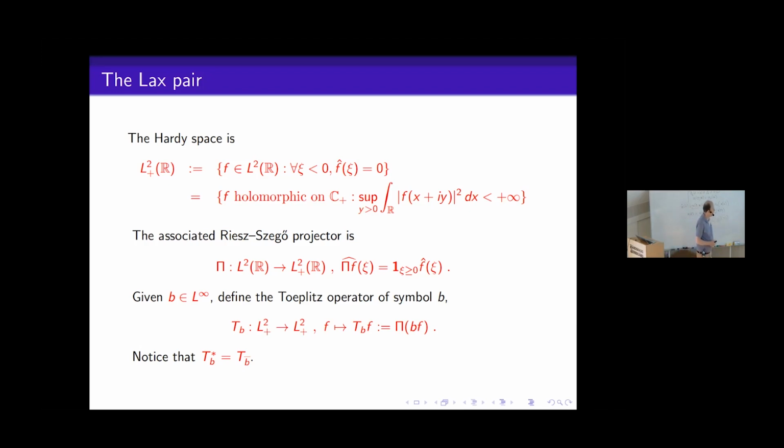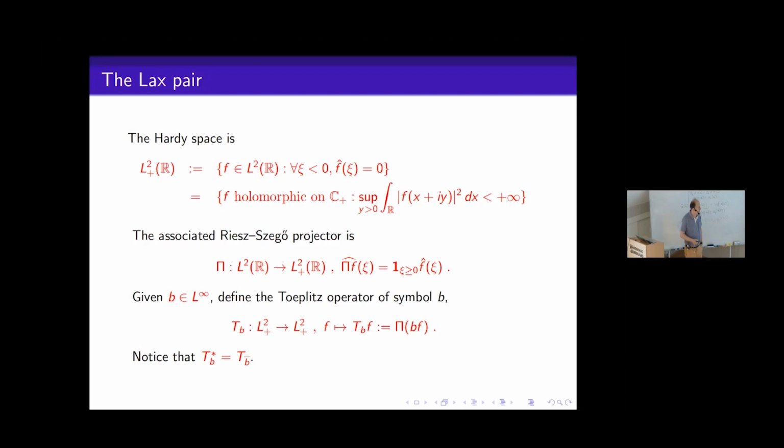Now I have this Riesz-Szegő, maybe also Cauchy projector. Oh, okay, I forgot it. Sorry. The associated Cauchy-Riesz-Szegő projector is this one, just corresponding to multiplication by the characteristic function of the half line in the Fourier transform. And then I'm going to introduce exotic operators. This one was introduced by Otto Toeplitz before World War I. The Toeplitz operator of symbol B: take any L infinity function on the line, and you define TB, which is the following bounded operator on L2 plus.